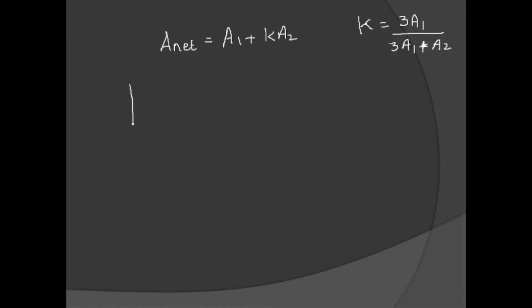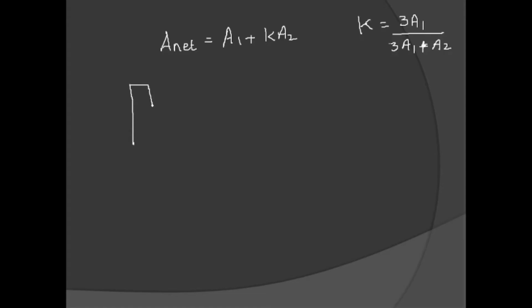So A net is equal to A1 plus K A2, and because they are not tack riveted, K equals 3A1 divided by 3A1 plus A2. This is our final value. Before that, A1 and A2 need to be calculated.